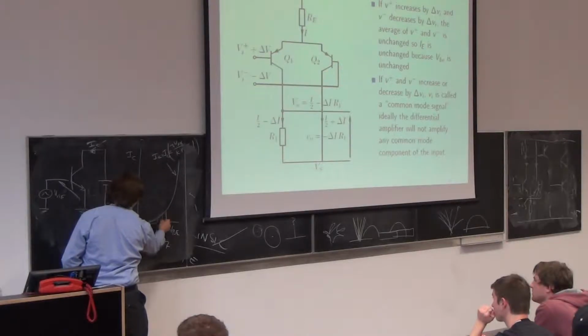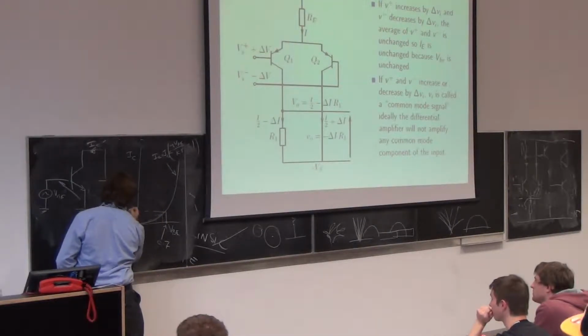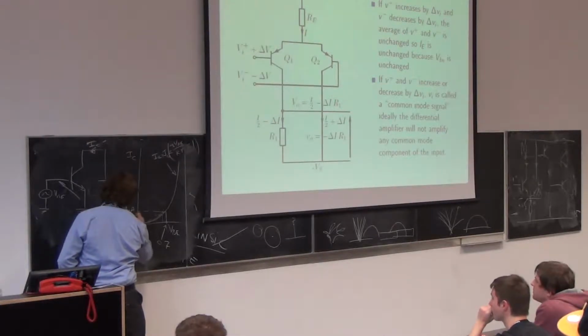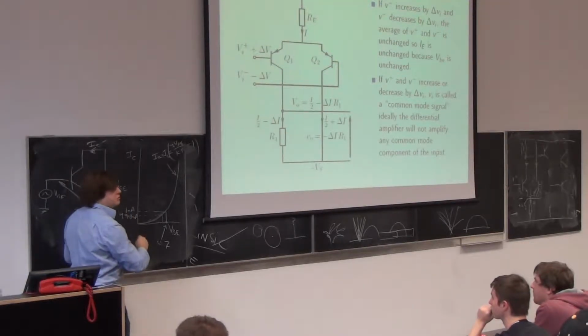I will only move a tiny little bit. So if that was maybe a milliamp, I will move it so that it only goes down to say maybe 0.990 milliamps. So that's a 1% change. This is a very small change.